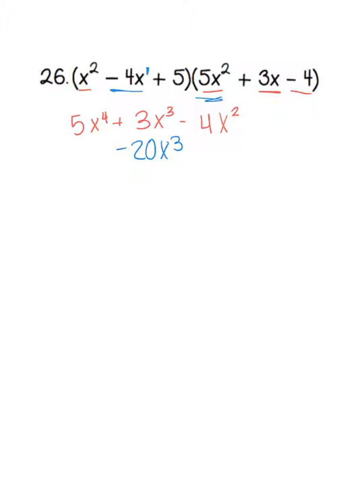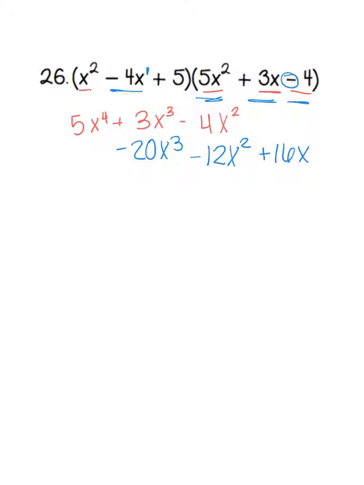And then I've got negative 4x times 3x is a negative 12x squared. And then I've got negative 4x times negative 4. Don't get lost in the negatives. Negative 4x times negative 4 is a positive 16x.